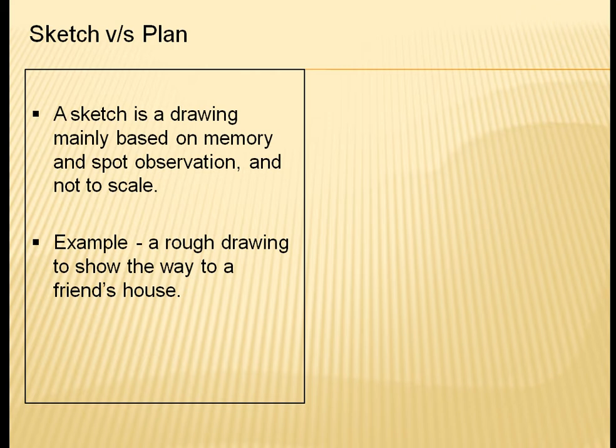Next we are going to compare sketch versus plan. What is a sketch? A sketch is a drawing mainly based on memory and spot observation and not to scale. Example, a rough drawing to show the way to a friend's house. Next, plan.